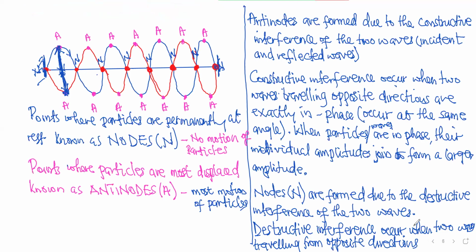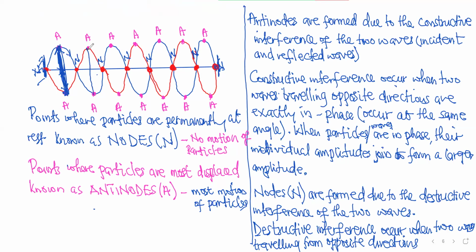So you are not supposed to draw, but all that you need to understand is that a stationary wave has crests and troughs, and a stationary wave has antinodes and nodes. And in formation of antinodes, the two waves must align themselves so that their individual amplitudes are in phase and add up to give you a larger amplitude.